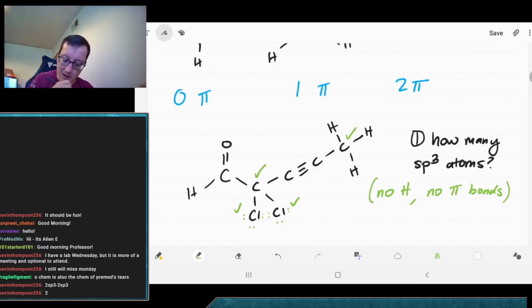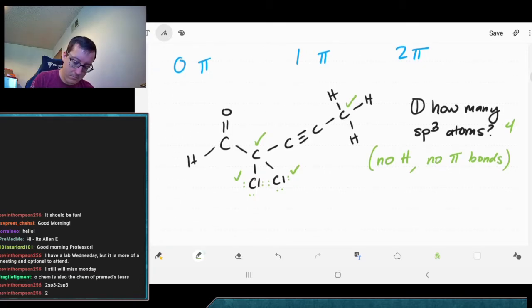All right, and indeed we're going to have that other carbon there that has the single bonds be sp3 hybridized. So don't forget the outer atoms that we might not be thinking about. So our answer here is going to be 4. So we're going to have 4 sp3 hybridized atoms in this molecule.